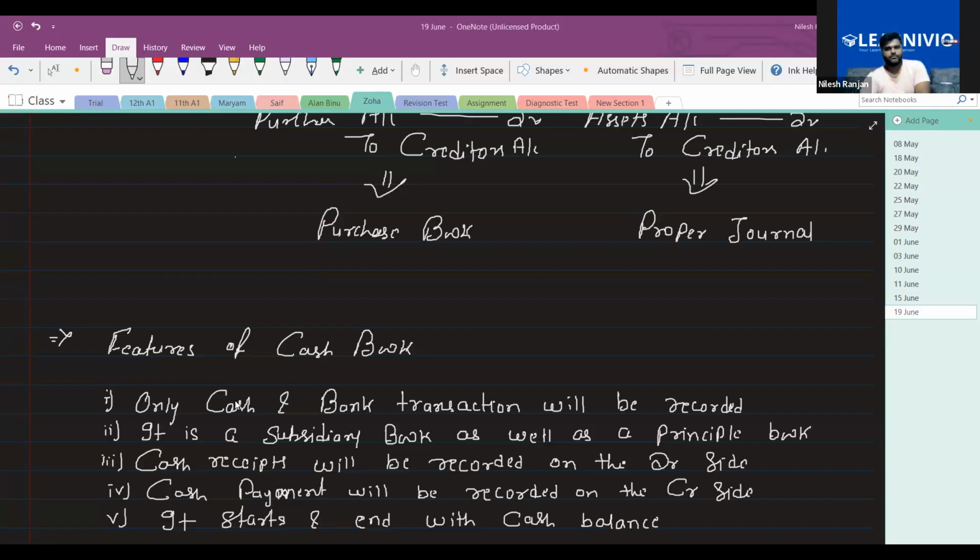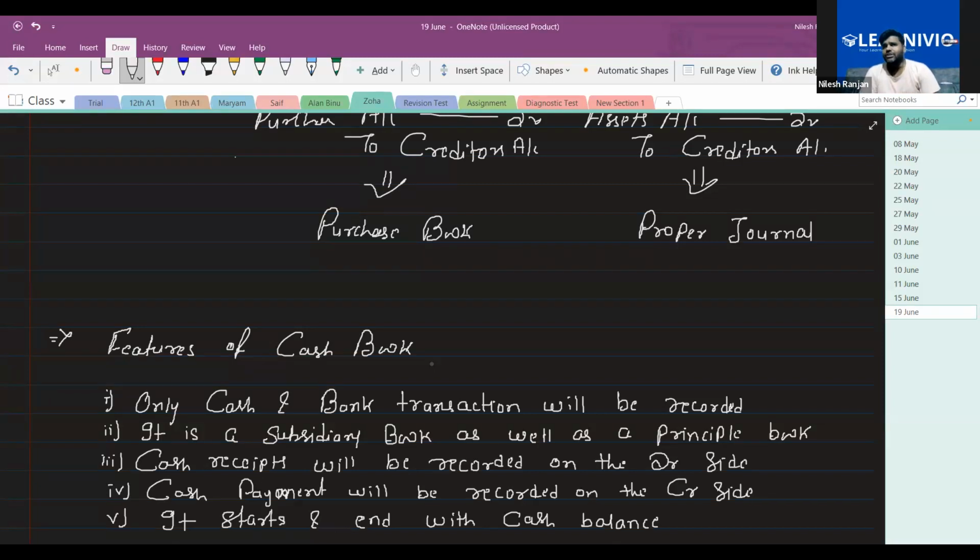Okay, so I finished writing, but in the features of cash book, is there any specific reason why we're only recording the cash and bank transactions? Because the name is cash book, only cash and bank transactions will be recorded.